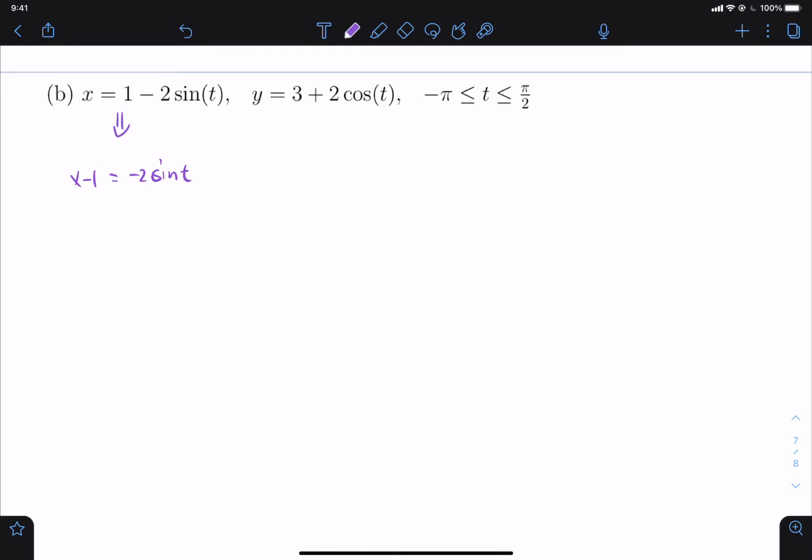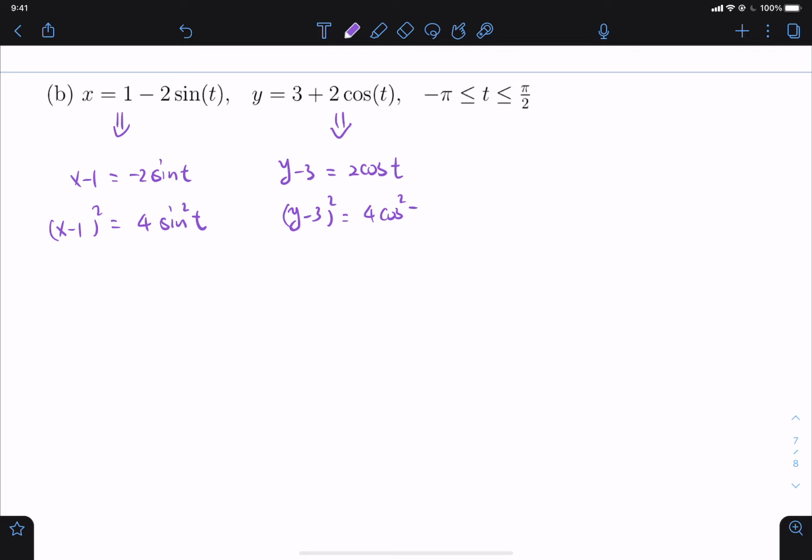And we square both sides to have x minus 1 square equal to 4 sine square t, right? So we created that sine square. And for this one, I move y minus 3 to the other side, that's 2 cos t. And square both sides, that is 4 cos square t.